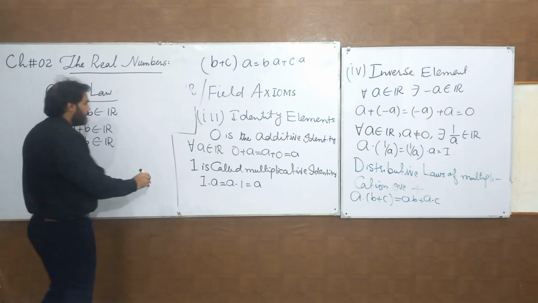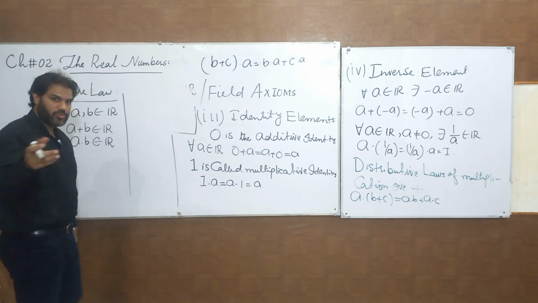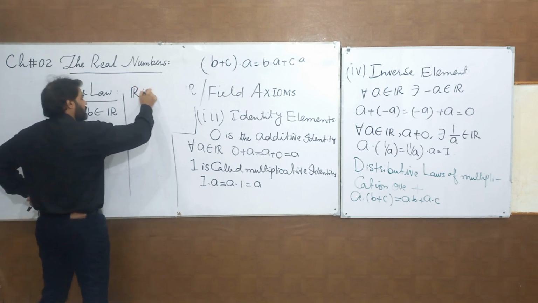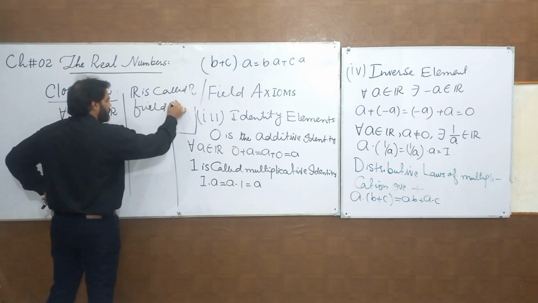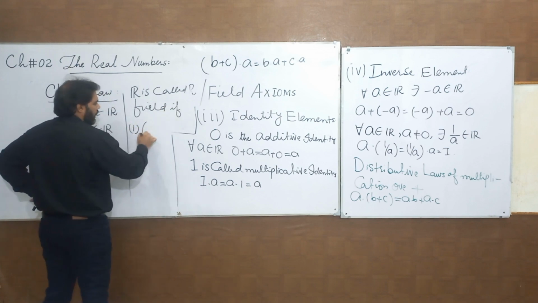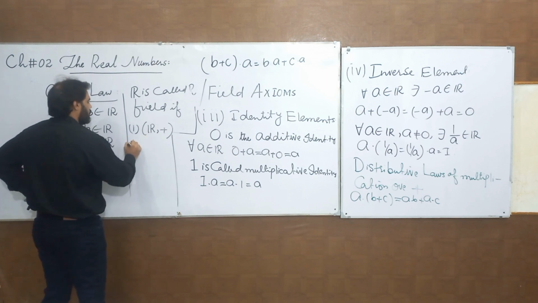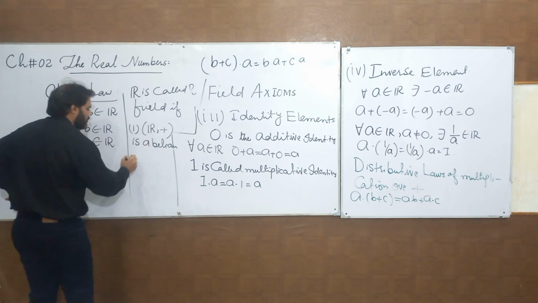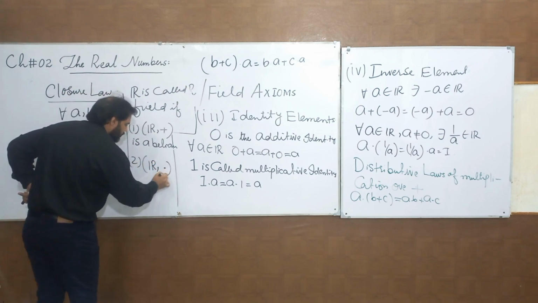So we can summarize these 11 properties into two simple statements. The set of real numbers R is called a field if R is an abelian group under addition, and similarly R under multiplication is an abelian group.